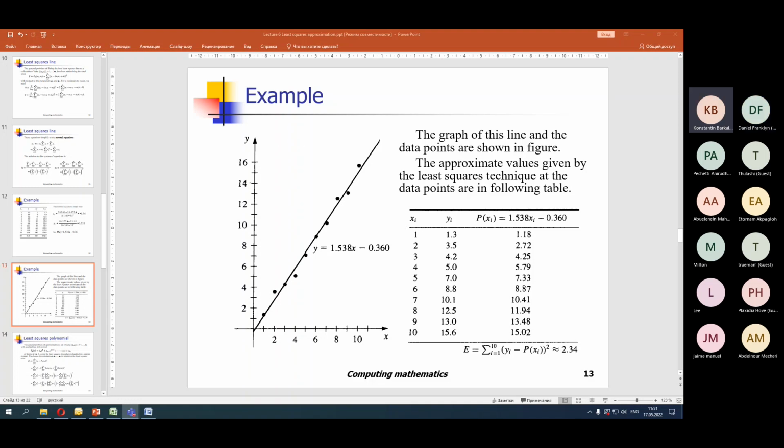Well, in this picture, you can see the points and you can see the line that approximates these points.